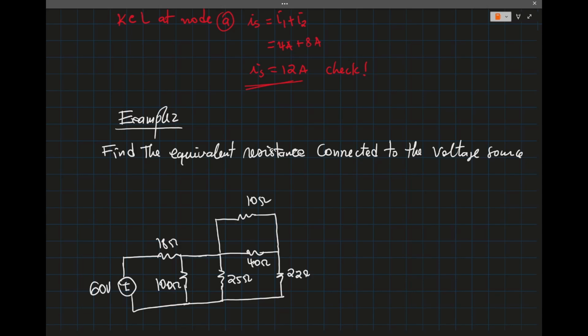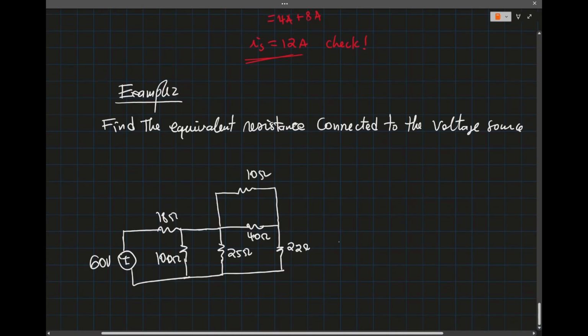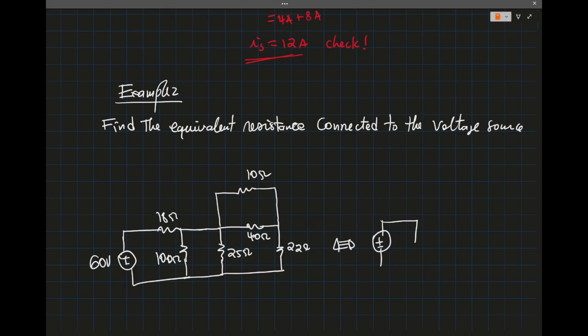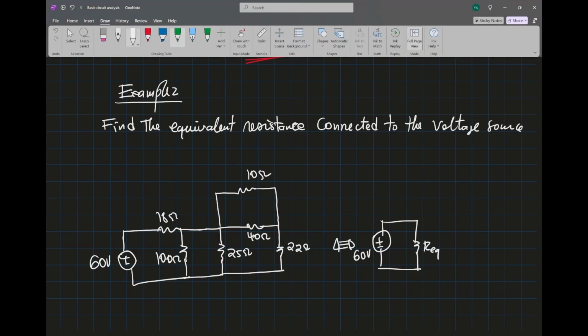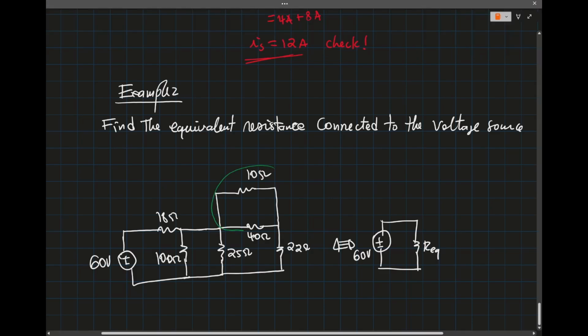To be able to do this, what we're asked to do is to find an equivalent resistance that will be connected to the 60 volt source. So we are going to work backward, back to the voltage source. You're going to combine this and this first.